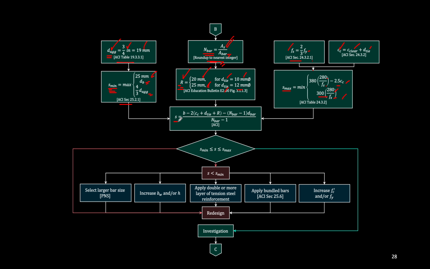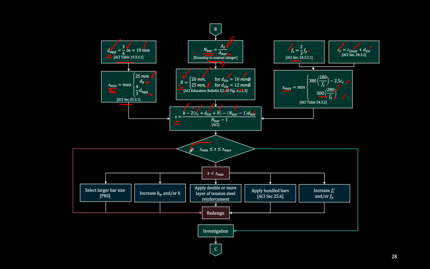So, after that is to solve for the spacing ng ating bars. So, this is now equivalent to our width ng beam natin b minus 2 times ng sum ng ating clear concrete cover plus diameter ng tie plus yung radius of bending ng ating stirrups minus yung number of bars minus 1 times yung bar diameter, divided by the number of bars minus 1.